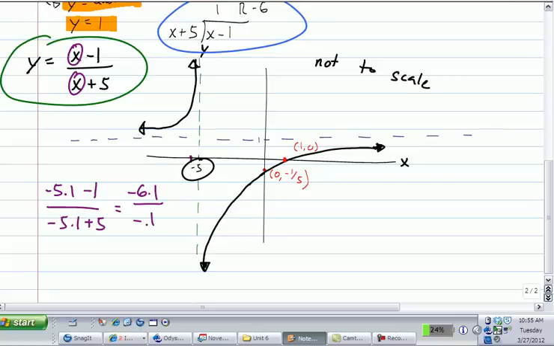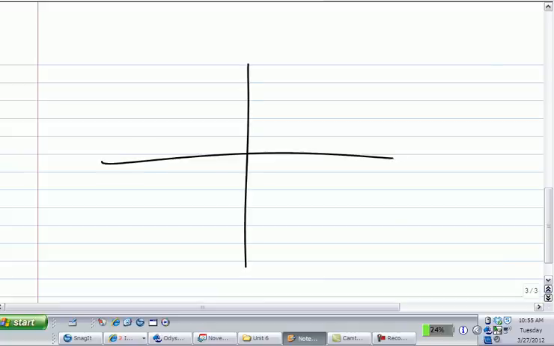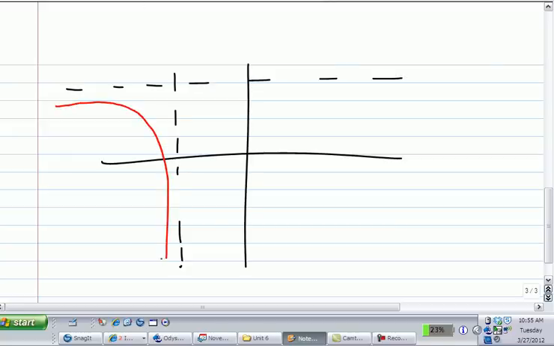I say that because, let's pretend you had a graph with an asymptote here and an asymptote here, and you've got this thing going on right here, say at negative 10.